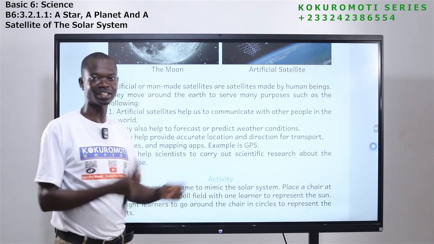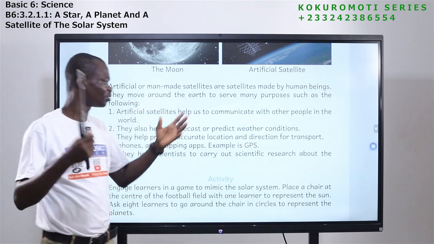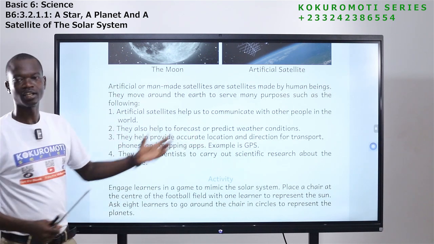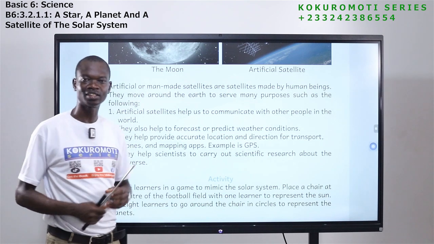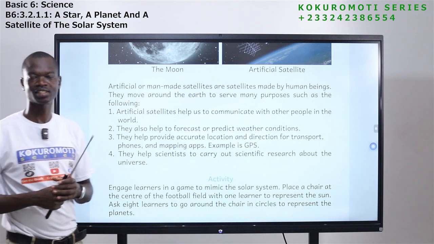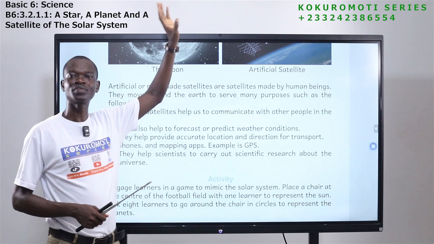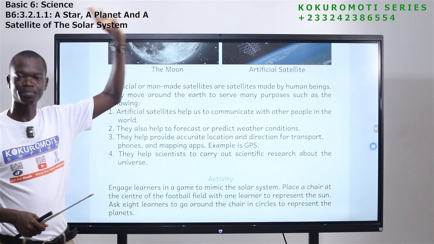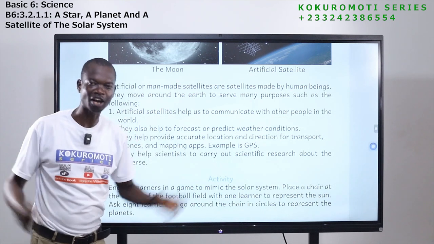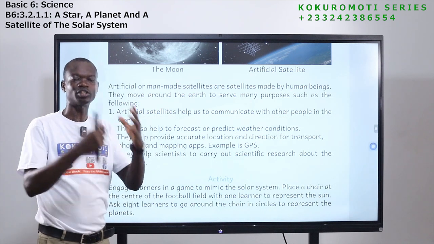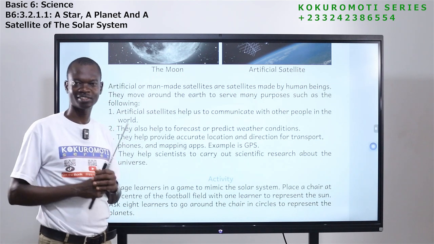The GPS will show you the direction, turn left, turn right. All those information, we are able to get them as a result of what? Satellites. And then scientists too use satellites to carry out scientific research about the universe. So these are the reasons why satellites are launched in space and they move around the Earth to pick information about how things are happening, or how things are going to happen.